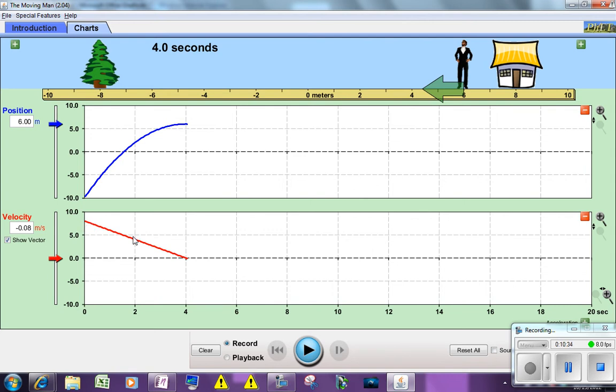By 2 seconds, that gives you a slope, if you were to put a dot there and take the tangent line, of +4 meters per second, which gives you a value of 4 meters per second. Notice that is a change of 2 meters per second in the negative direction every second. And by the time you get to 4 seconds, the velocity is now 0.